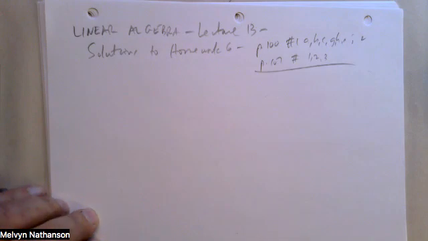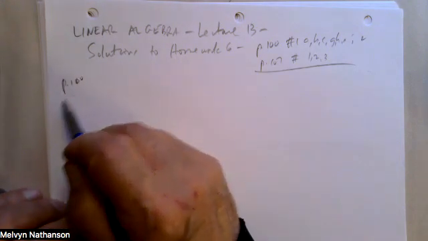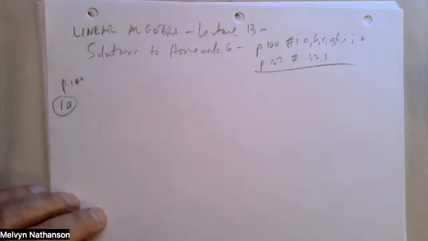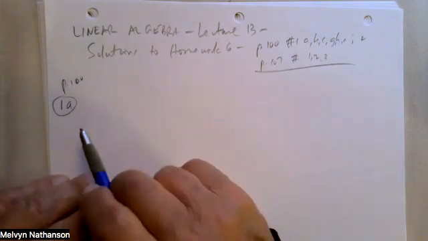On page 100, number 1, part A. Solve the following systems of linear equations by using elementary row operations to put the matrix into reduced echelon form and write the set of solutions as an affine subspace.